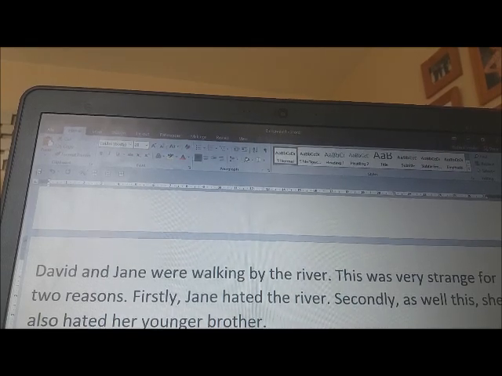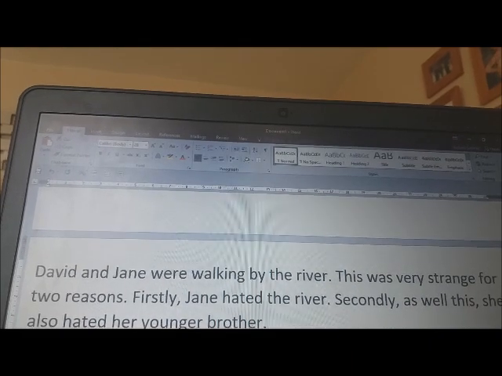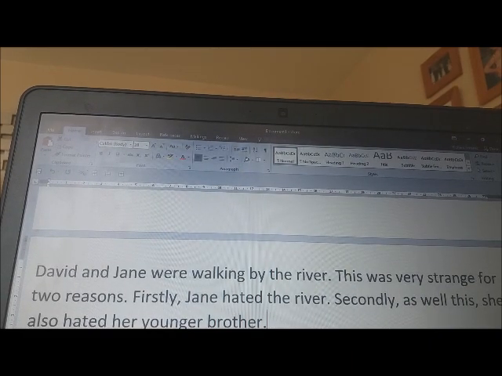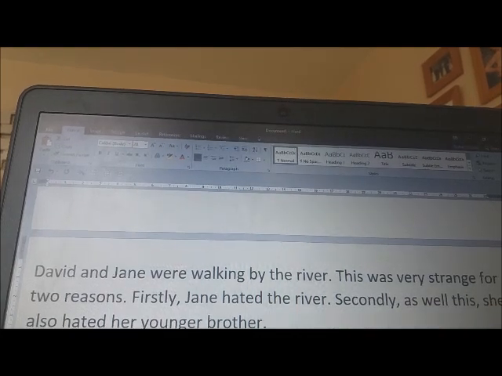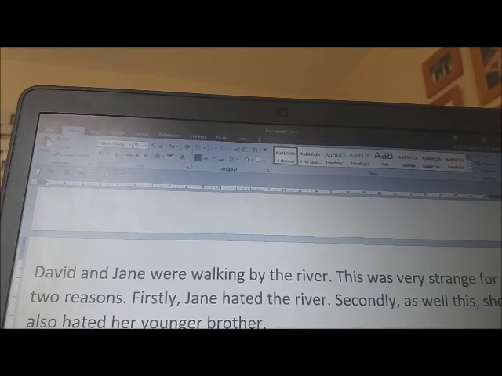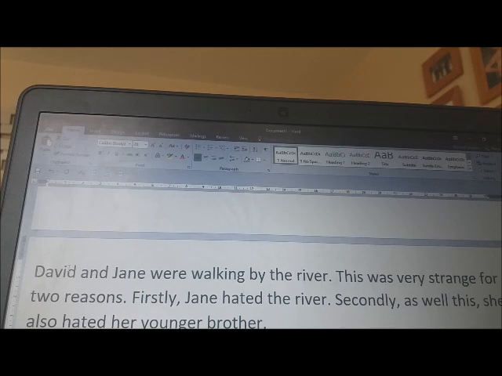Now, I think at this point, we will introduce some speech. So, as you know, with speech, you always start on a new line. So, we will open speech marks, and to continue the idea that Jane really doesn't want to be where she is, she will say something pretty nasty to her brother, something like, I don't see why I should have to walk with you.